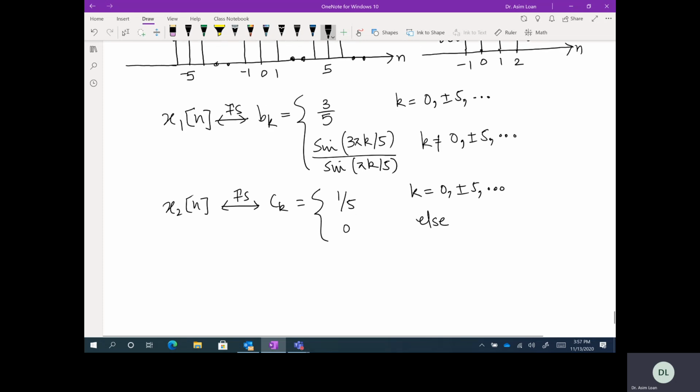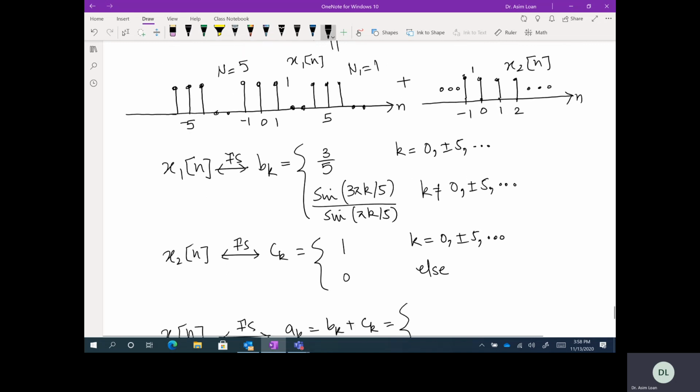So when I add them up by the linearity property, x of n has the Fourier series ak, which is equal to bk plus ck, or this is equal to simply 1 plus 3 over 5. I'm sorry, this is not 1 over 5, this is simply 1 because this constant is 1.